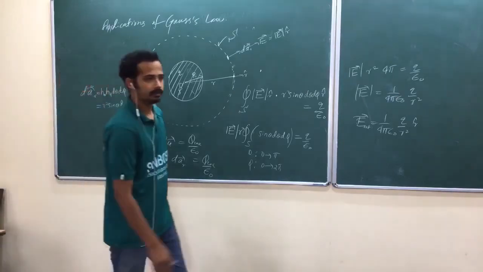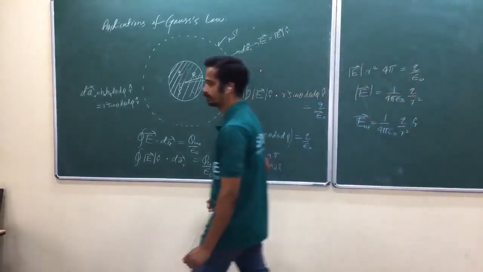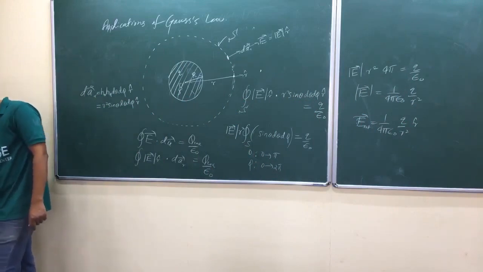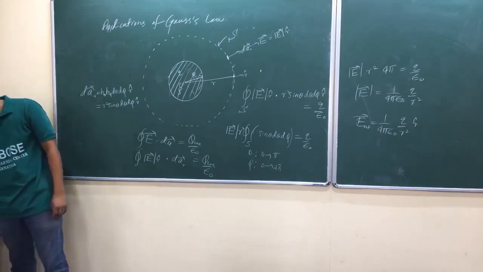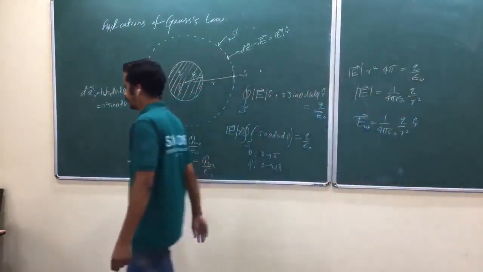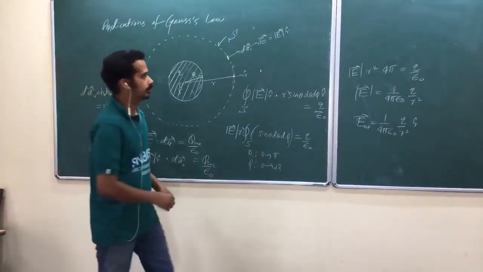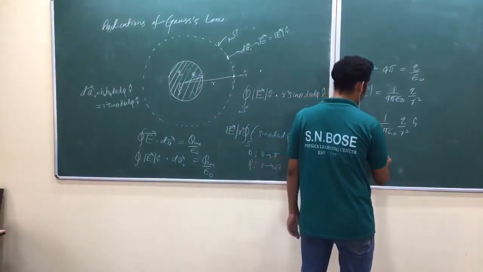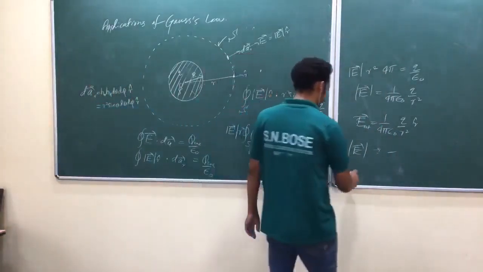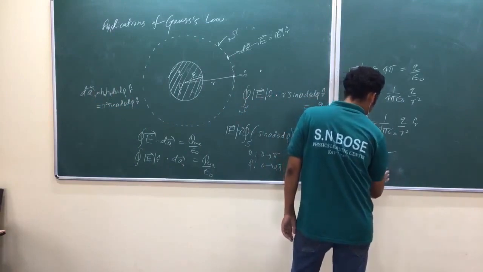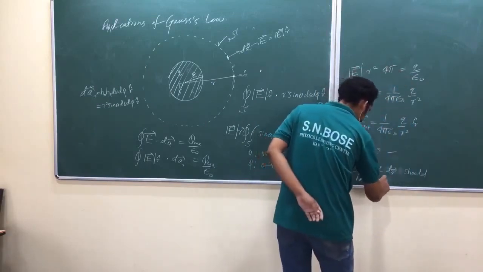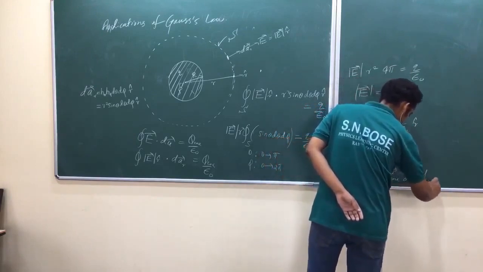Generalization. You have to choose the Gaussian surface in such a way that the mod of electric field should be the same over the surface, and the electric field and dA vector should have the same direction over the surface.